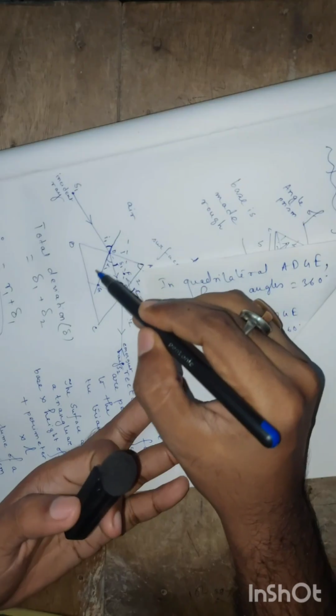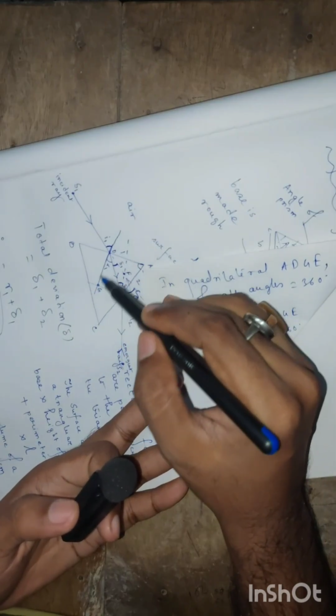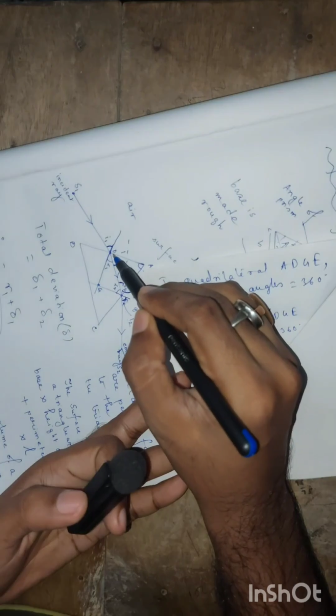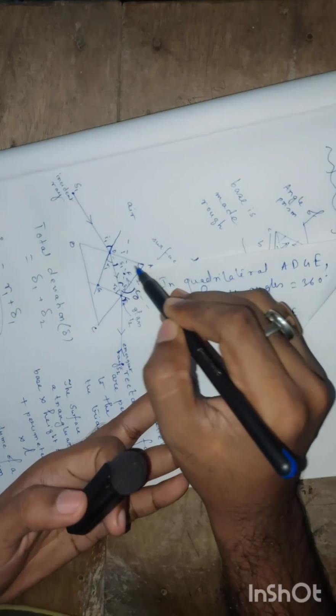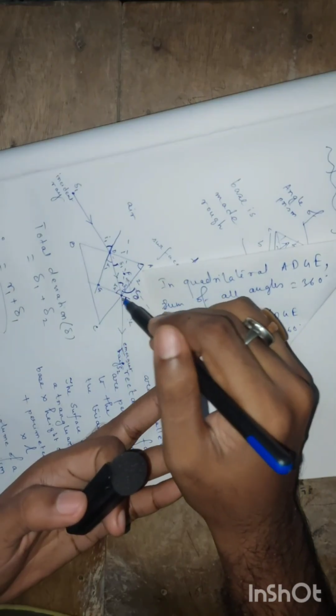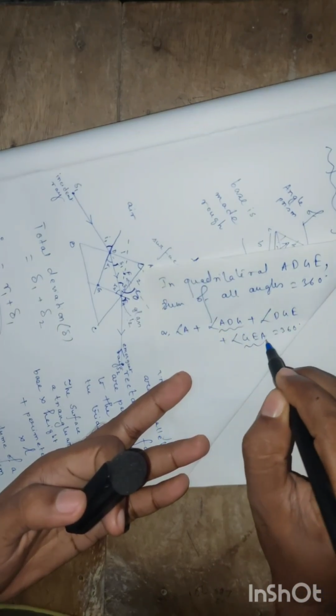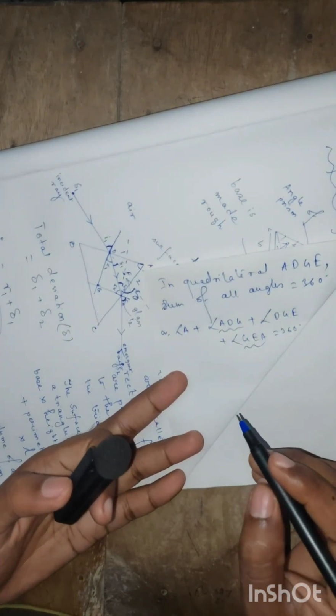But these are normals. These are perpendicular. So angles ADG and GEA are 90 degree each.